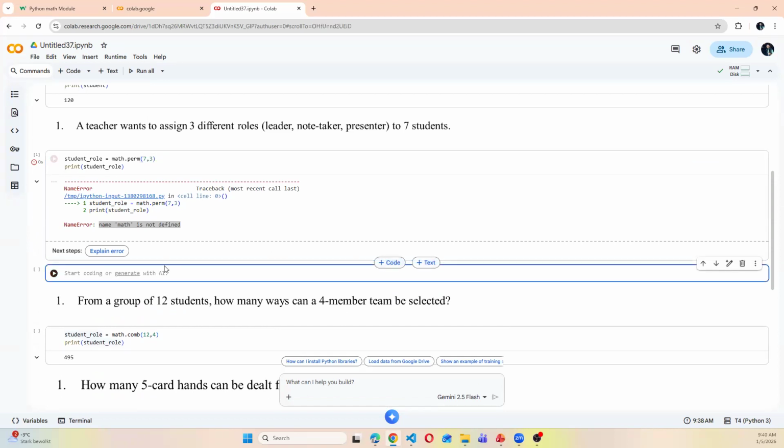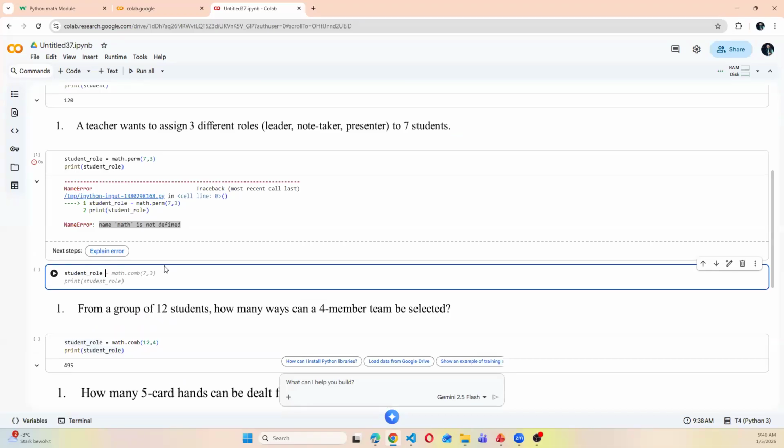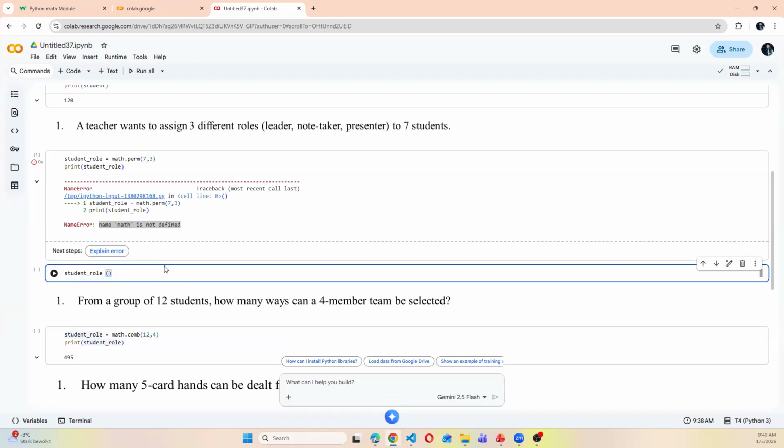For example, for the student roles, I will not use math, so I will say 7 times 6 times 5 times 4. It will be too difficult and time consuming.